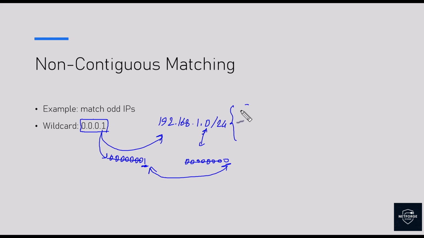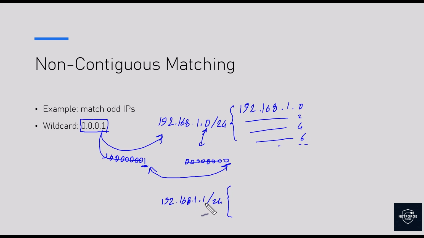When I have the last bit 0, it's going to give me even numbers. So this is going to be 192.168.1.0, and 2, and 4, and 6, and so on and so forth, because the last bit for them is going to be 0. And if I give them 192.168.1.1, let's say /24, this is going to be applied, and because this one has the last bit as 1, everything that has the last bit as 1 is going to be selected.